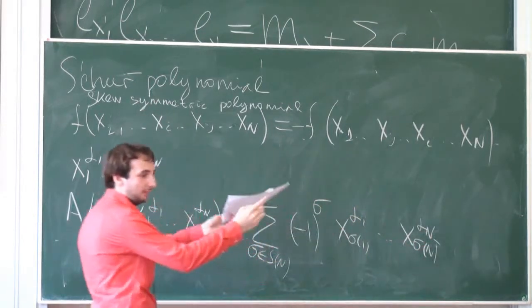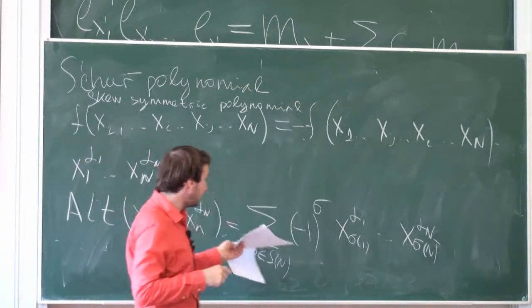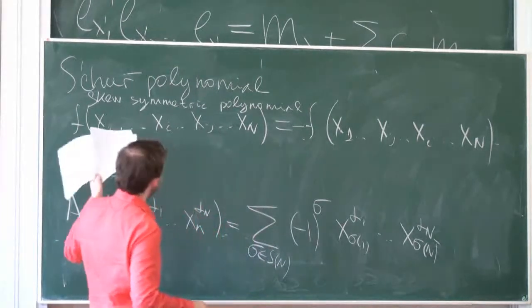In other words, you permute the variables in all possible ways, but also you collect signs. And one can prove that indeed this gives a skew-symmetric polynomial.